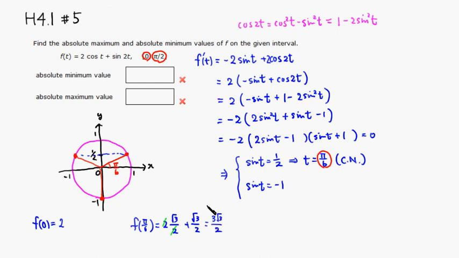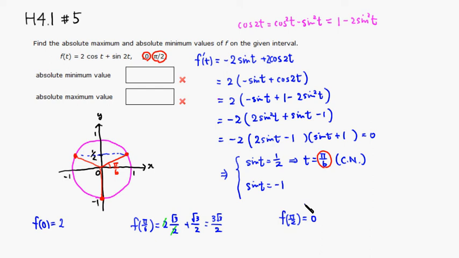And how about the last one, f of pi over 2? Cosine of pi over 2 is 0, and the sine of pi is 0 too, so therefore that's actually 0.